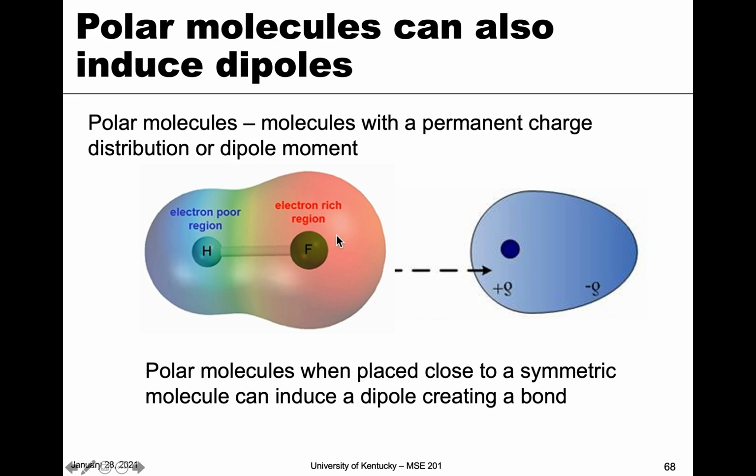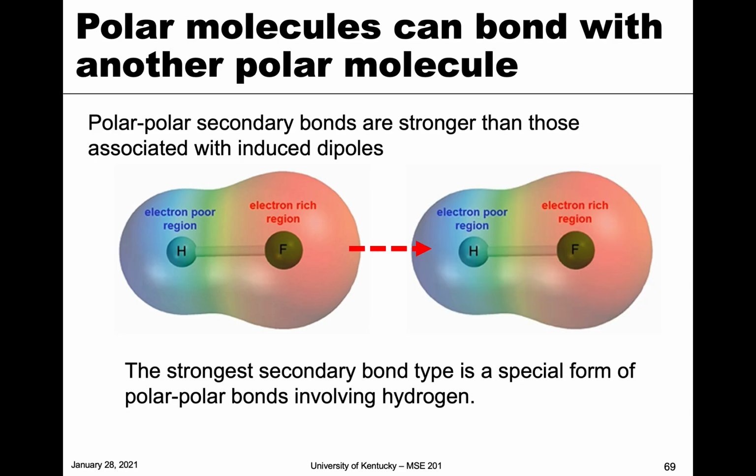These permanent or polar molecules can induce dipoles as well. If another molecule that's symmetric gets next to it, this difference in charge over here could induce a dipole in that previously symmetric molecule. So polar molecules are very strong causes of dipoles. But polar molecules can also bond with other polar molecules.